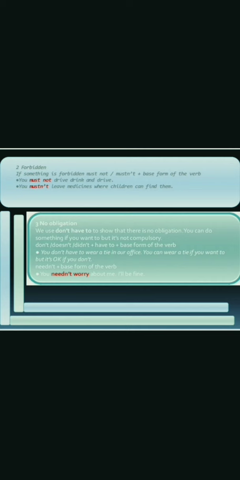You don't have to wear a tie in our office. You can wear a tie if you want to, but it's okay if you don't. Needn't plus base form of the verb. You needn't worry about me, I'll be fine.